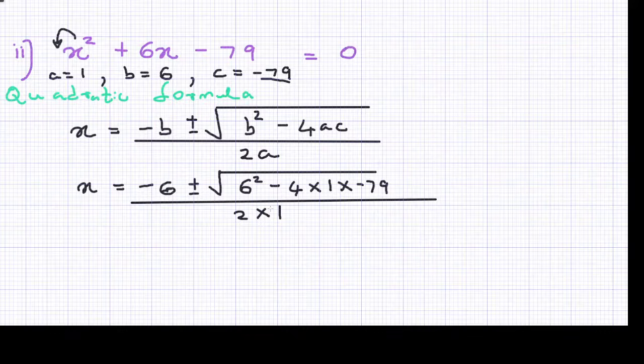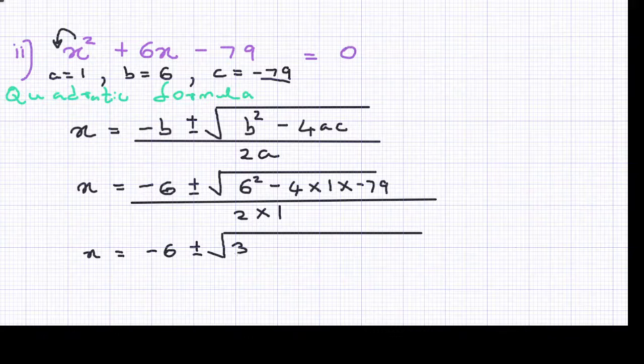So x is equal to minus 6 plus or minus the square root of 6 squared, which is 36. Now you have to be careful. You can't just put this minus sign as it is. It is involved in a multiplication. So minus into plus 1 is minus, and minus into minus is plus.